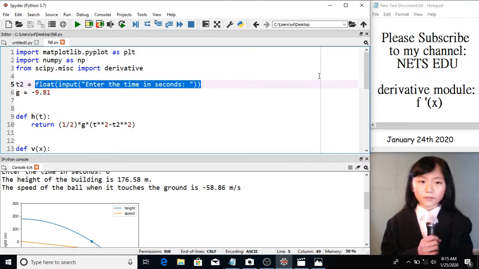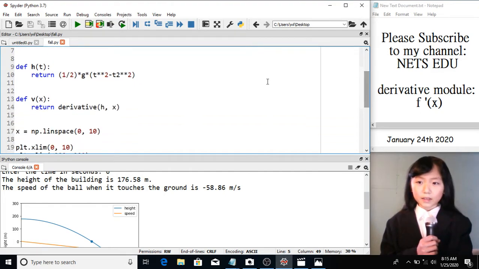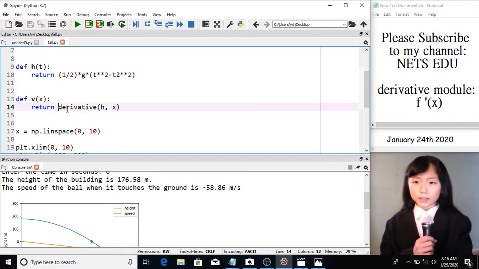Gravity is negative 9.81. Here I define the height function. So here is t, we return half times gravity times t squared minus t2 squared. The function for the velocity is the derivative of the height. And x, here we have the x.